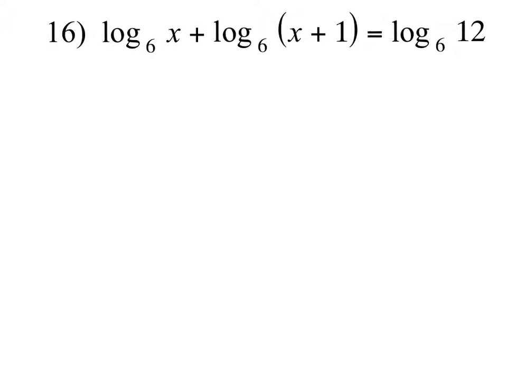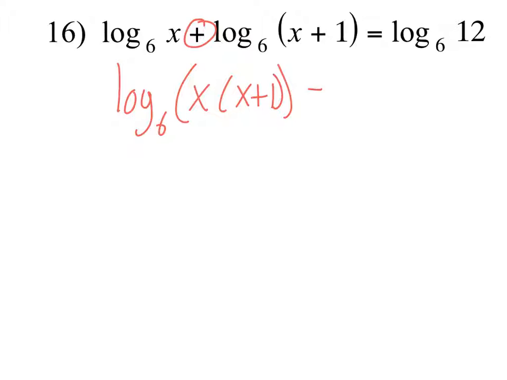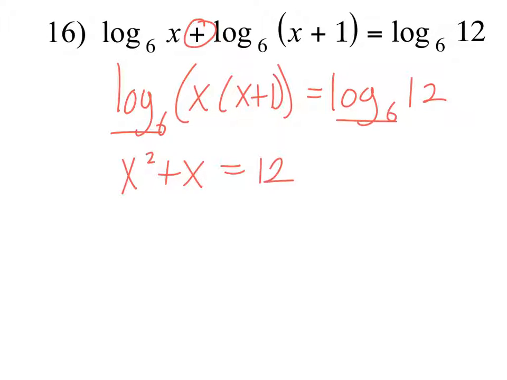Same thing over here. We're having two logs on one side, so what I'm going to do is combine those with log properties. Plus means multiplication. So we get log base 6 of x times x plus 1 equals log base 6 of 12. Since both sides are now just in terms of log base 6, I'm going to write this as x squared plus x is equal to 12.